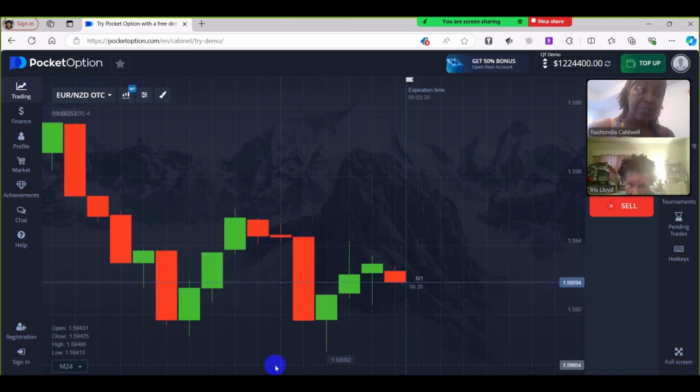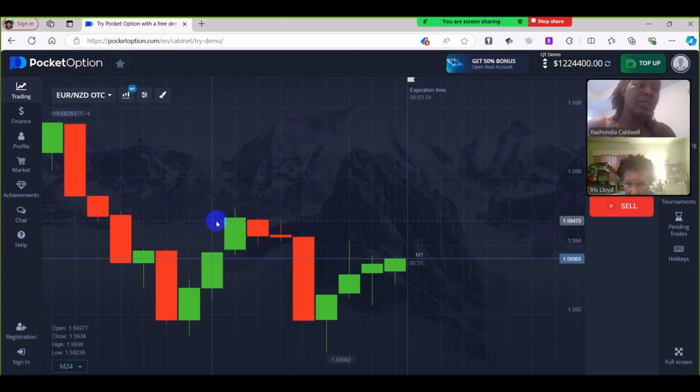You see that? Okay. So that's the only thing that you really need to worry about, is how the candle is created. If it's a green candle, you know it closed at the top. If it's a red candle, it closed at the bottom.